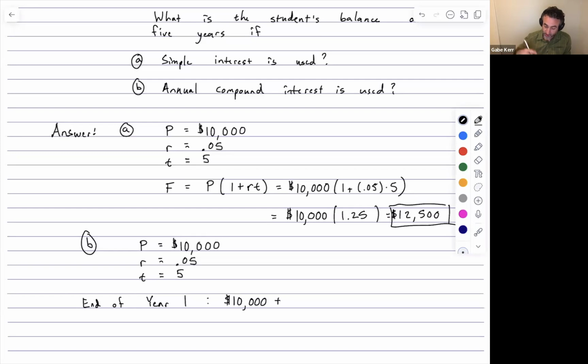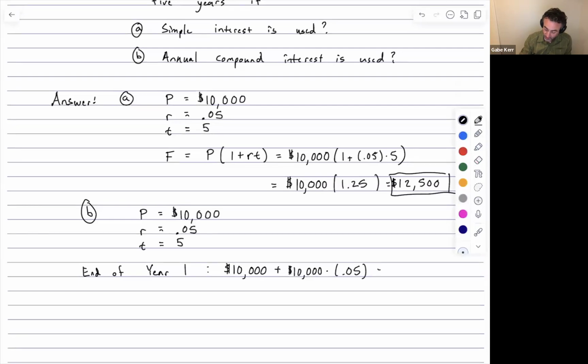So this is the first compounding of the interest: they have the $10,000 times the rate, 0.05, at the end of year one. So this is equal to $10,000 times 1.05, so that's $10,500.